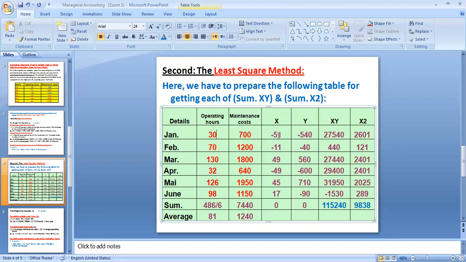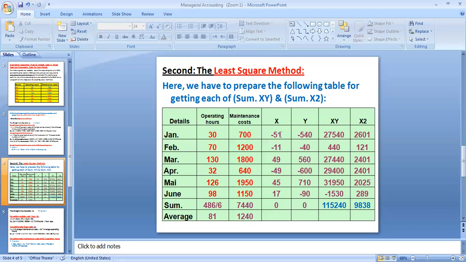Please, before doing anything else, add the x column and be sure that the total is 0. How will the total be 0? I have some figures with negative signs and other figures with positive signs. I'm speaking about x.